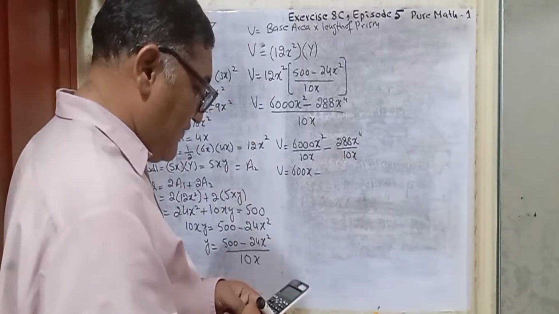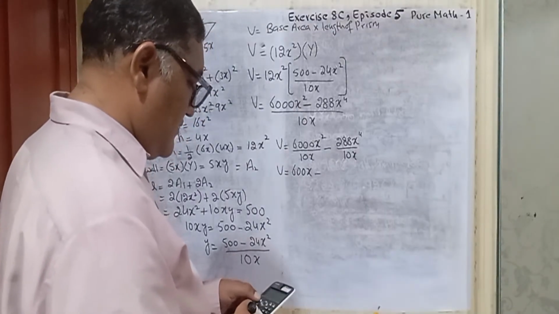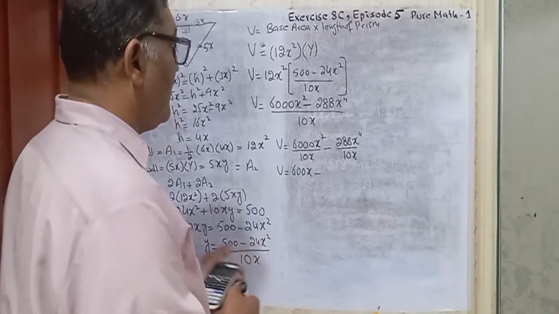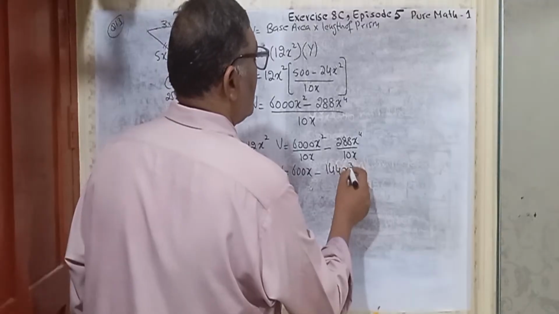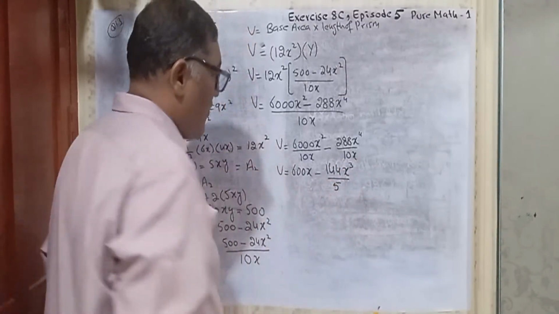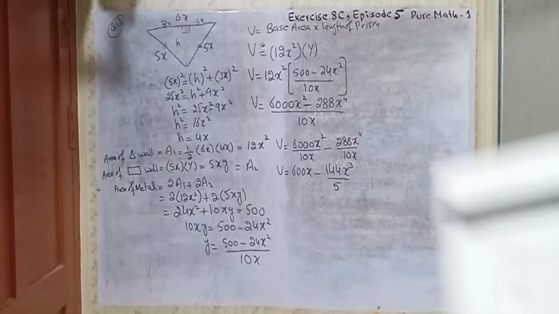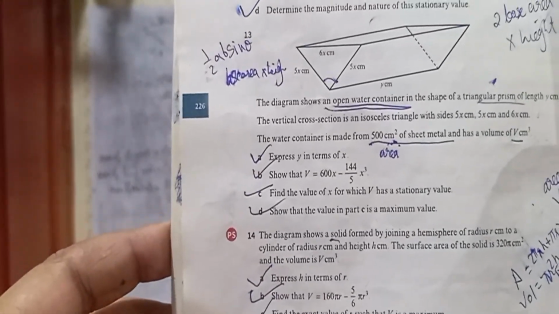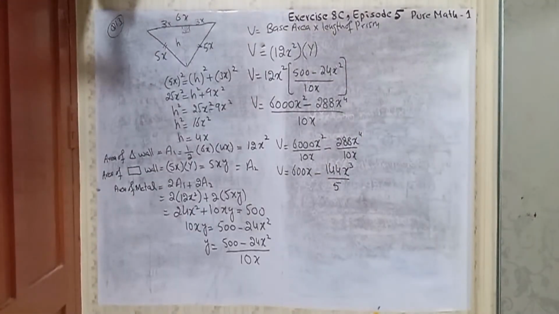I want to write it as a fraction, so it is 144 x cube divided by 5. This is the number. Volume is equal to 600x minus 144 divided by 5 x cube. So we have found the same thing.